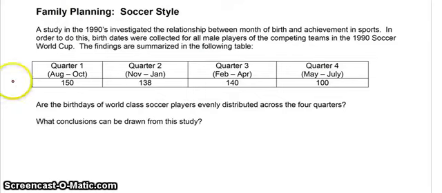These are the observed. So let's set up expected. Based on this, they should be equal. I have an n equal to 528, so I would expect them to be equally divided, so I would expect 132 for each.